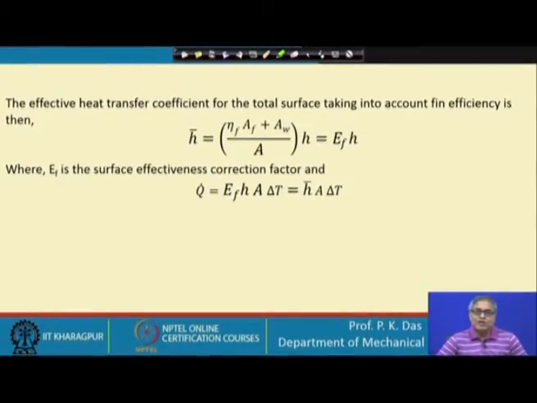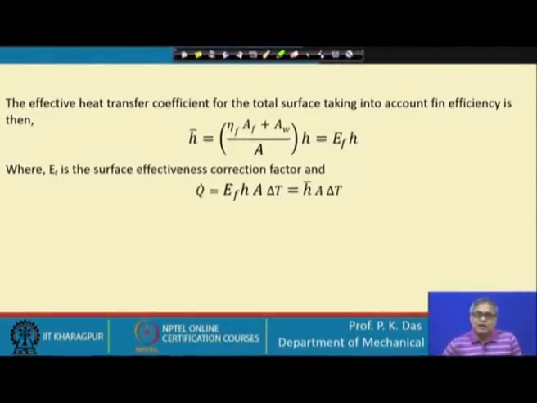So, if we have to do this, what we have to do? The area we have to multiply by some factor, or the heat transfer coefficient we have to multiply by some factor. In both cases, these factors are less than 1. This is what we have already defined as the fin efficiency, and we have defined the overall surface efficiency.